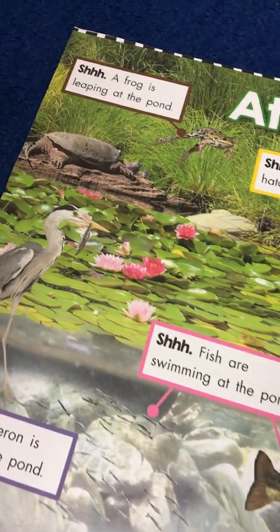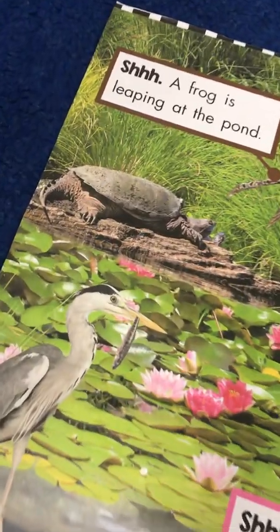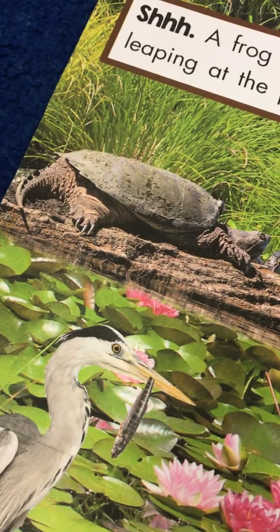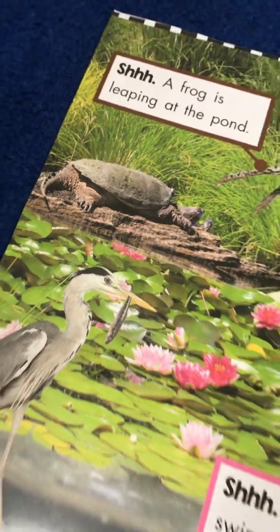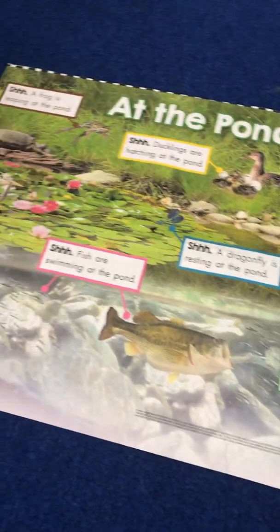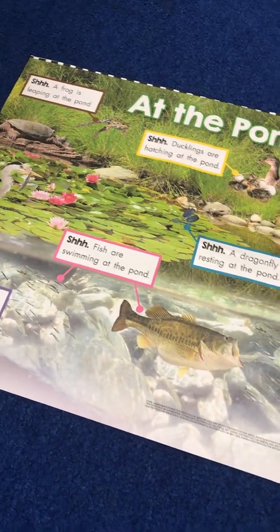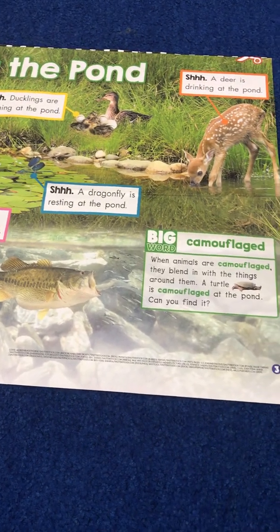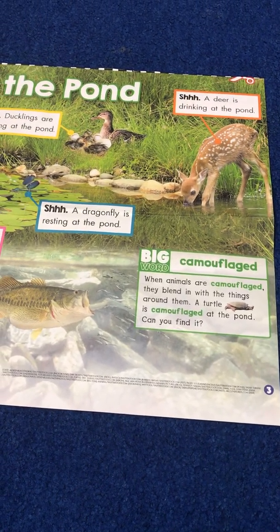Can you find him? He almost looks like a big rock. There he is. He's sunning himself. He's nice and warm in the sun. And then if we came and we were loud, he would jump into the water and hide. That's the pond. That's a habitat for so many animals to live there.